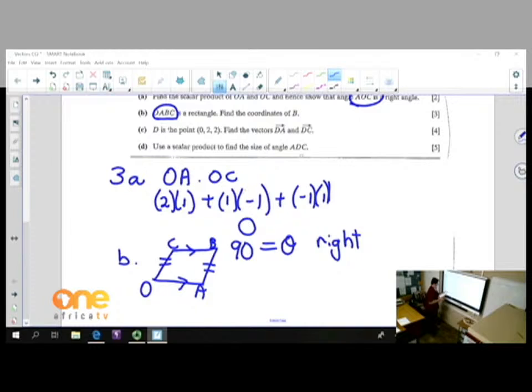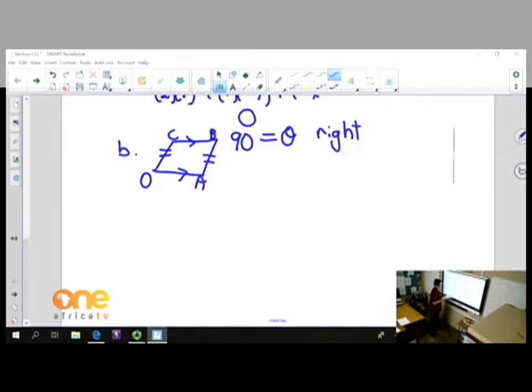Now I need to find the coordinates of B. That means I have to move either from A with the vector OC to find B, or I can start at C and move with the vector OA to find the coordinates of B. I can get the coordinates of A and C out of the vectors because there's a relation between x, y, z.